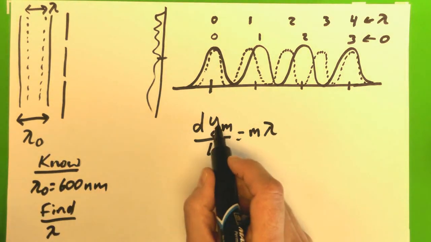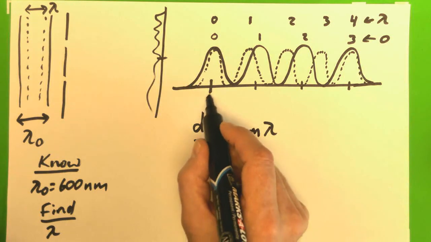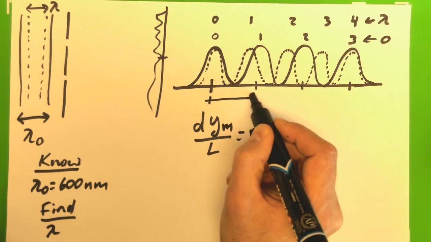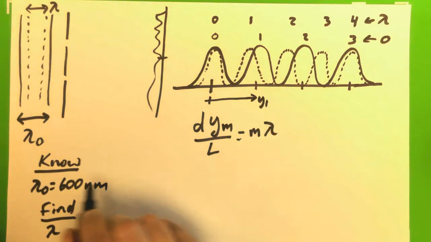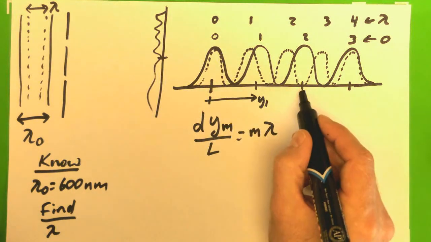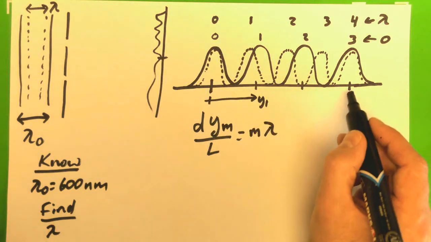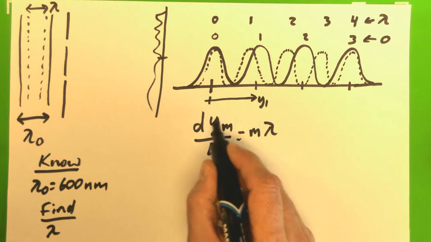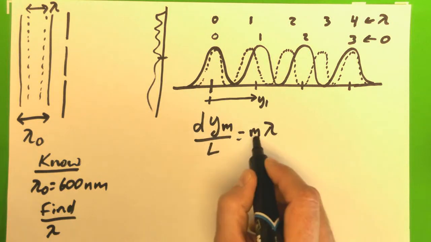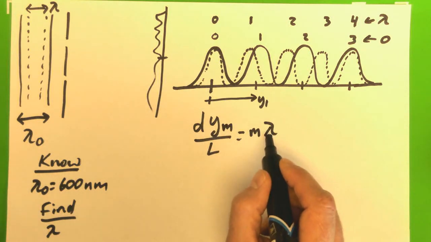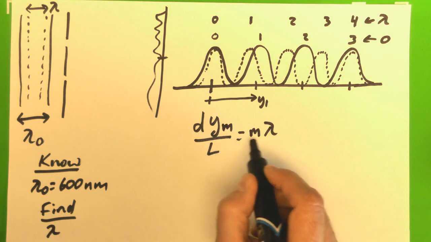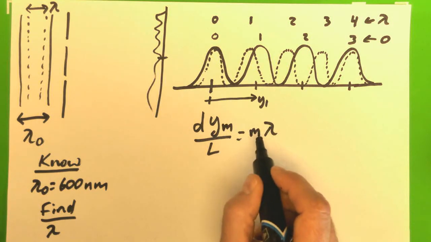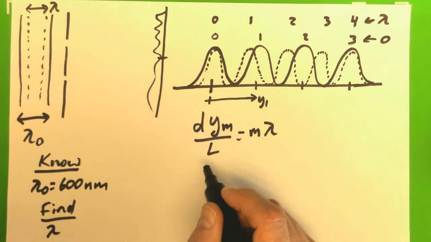This Y sub M is the distance from the origin to the Mth bright spot: Y sub 1 to here, Y sub 2 to here, Y sub 3 to here. So this is our relationship for the distance to the Mth bright spot for a path difference equal to M times lambda.